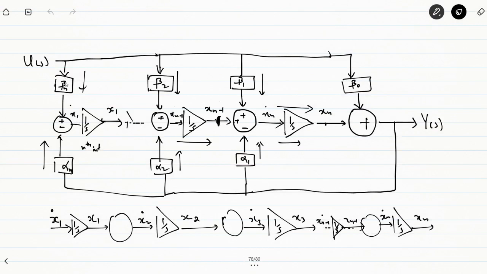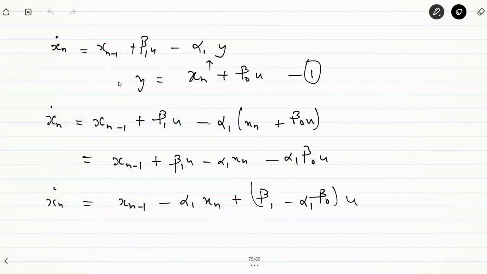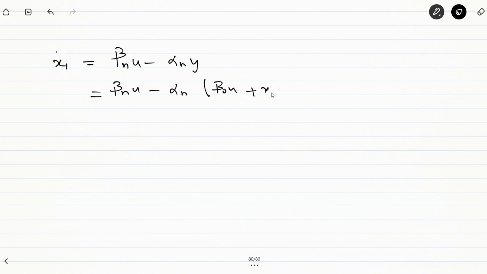What is x1 dot? x1 dot is beta n u minus alpha n y. Substituting the value of y here, beta n u minus alpha n y is beta n u minus alpha n beta naught u minus alpha n xn.